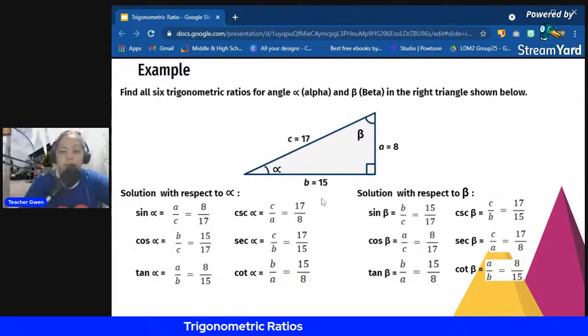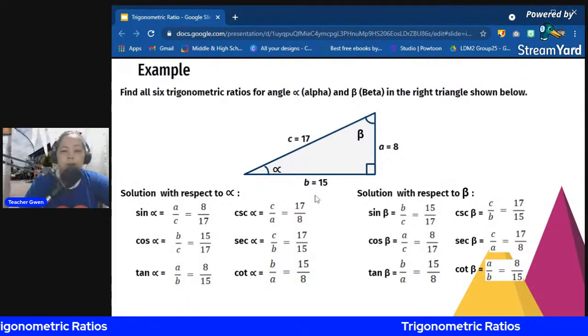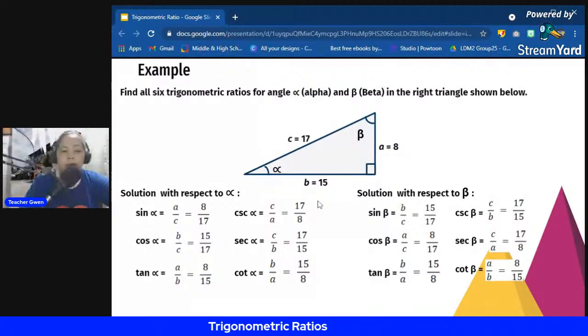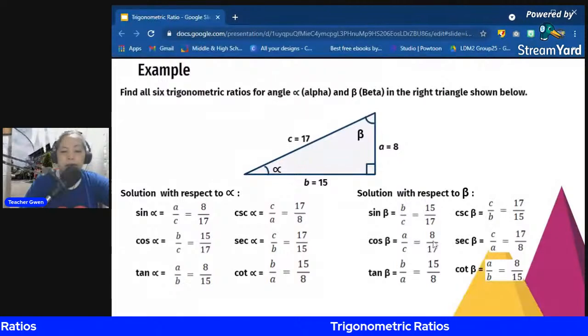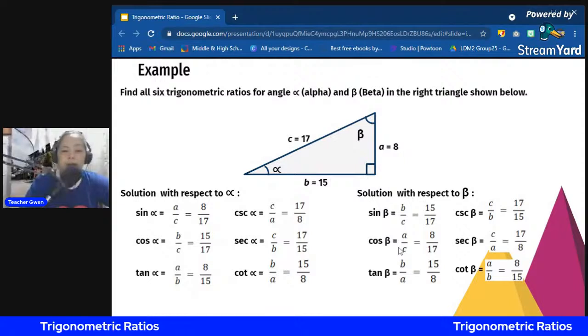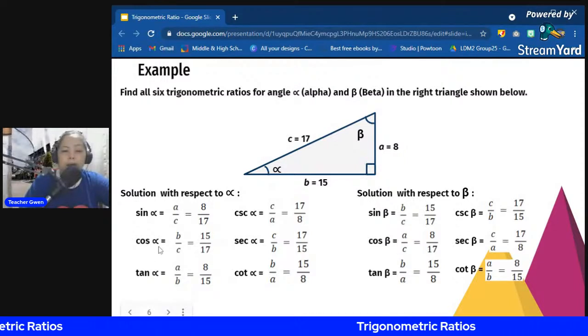Okay? This is with respect to alpha and with respect to beta. Take note. Ang value ni sine dinhi, nahimong value ni cosine sa beta. Ang sine alpha, mahimo siyang cosine beta. Ang cosine alpha, mahimong sine beta.